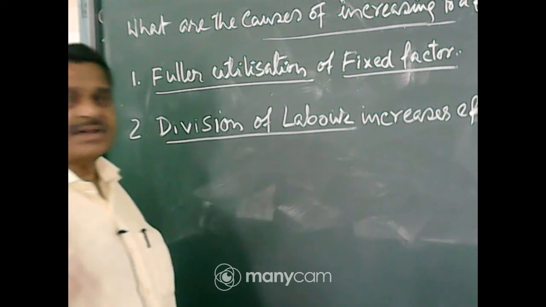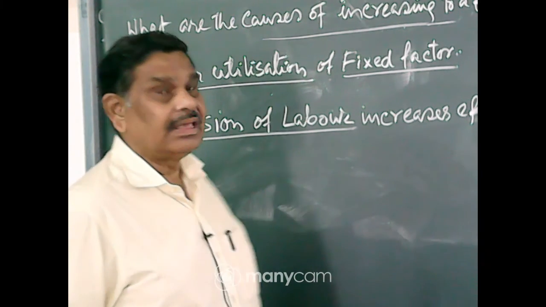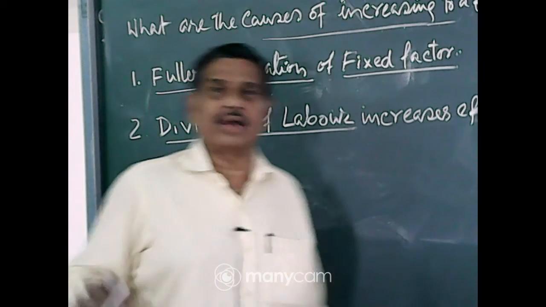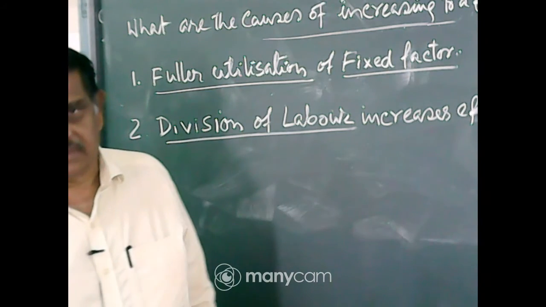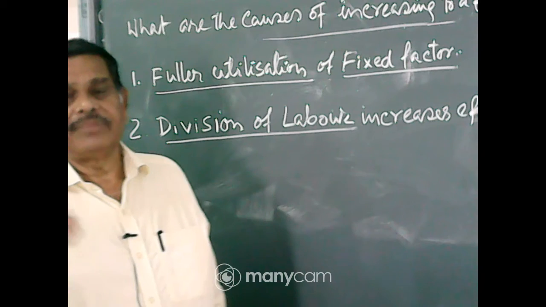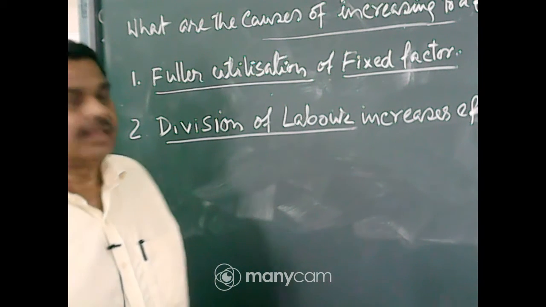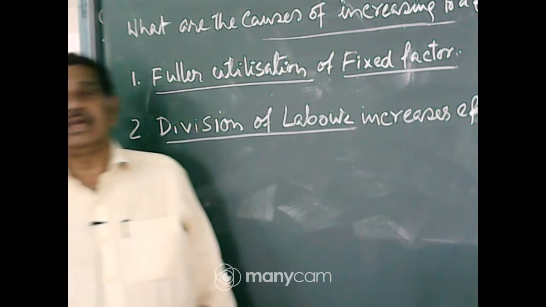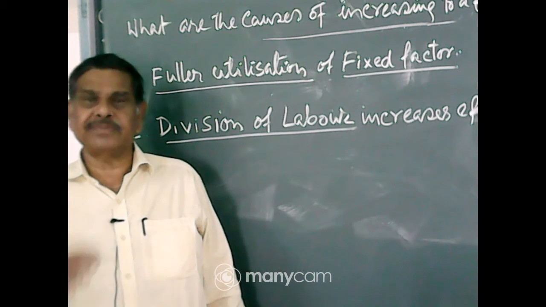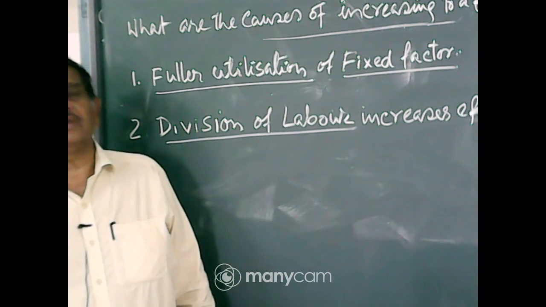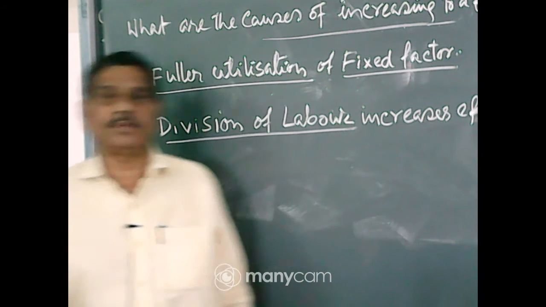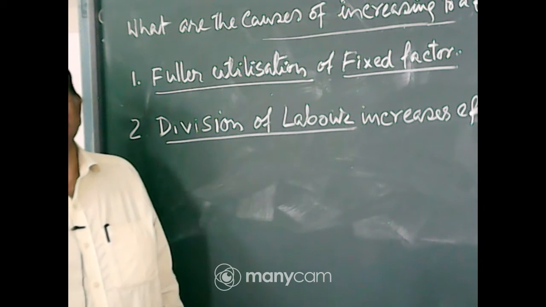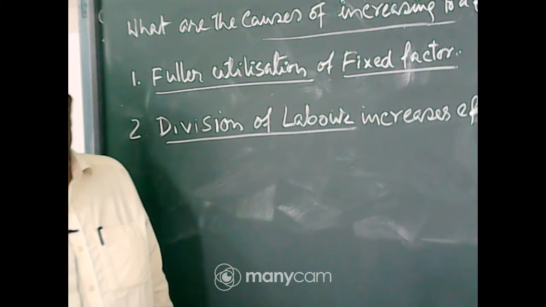All workers are not efficient in all parts of the work of a production function. So the persons who are efficient in some part of the work should be engaged in that part, and other workers should be engaged in the other part of the work which they can do with efficiency.